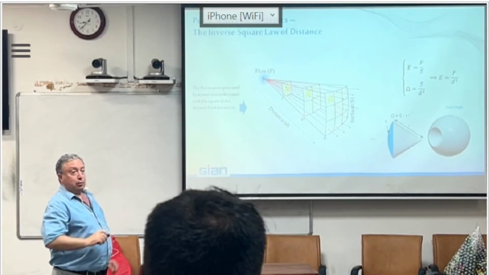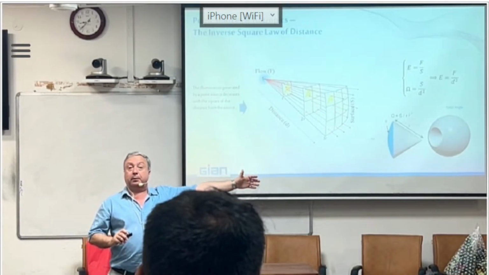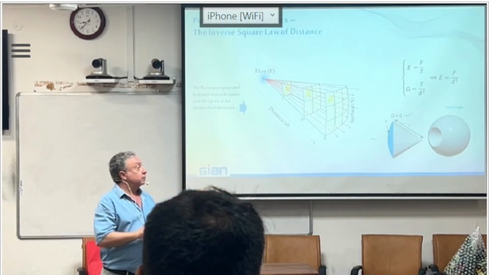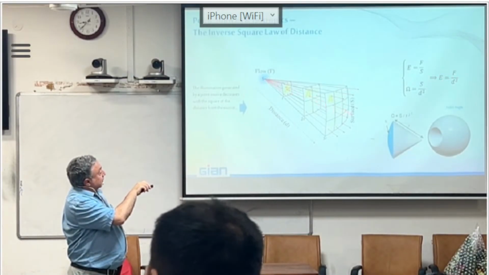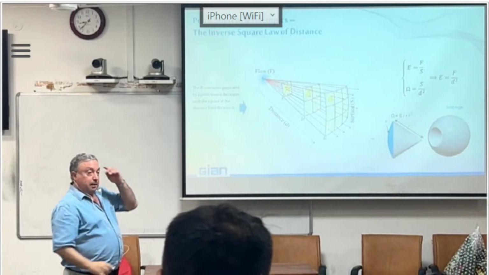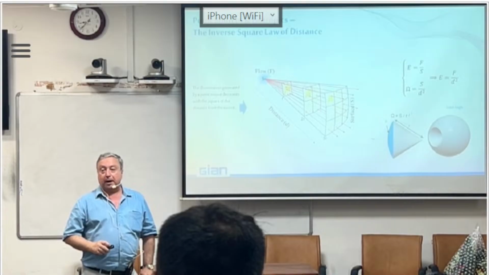At 2 meters you will have 1/4 of the lux. At 3 meters you have 1/9 of the lux. That means, for a point source, the illuminance lowers as the inverse of the square of the distance.